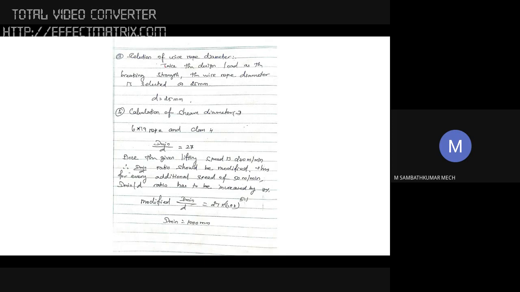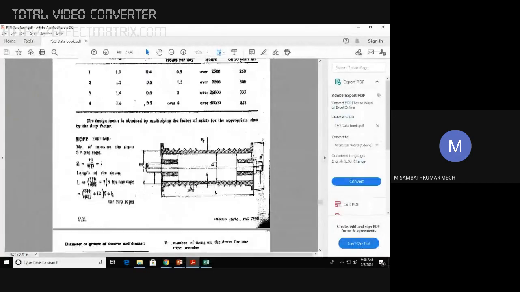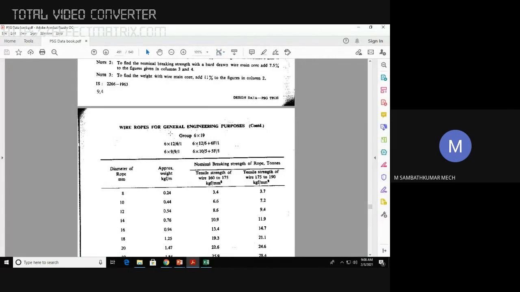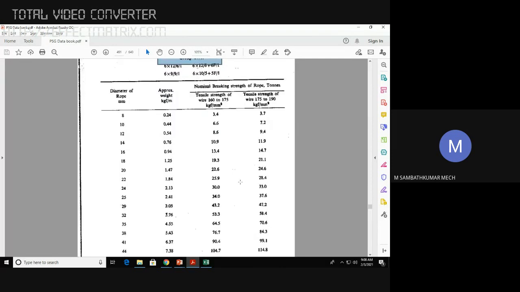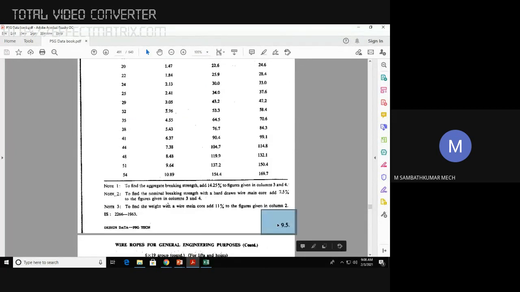The third step is, based on the design load, you should select the rope diameter. In page number 9.5 and 9.6, you can select the rope diameter. So on page number 9.5, here the 6 into 19.